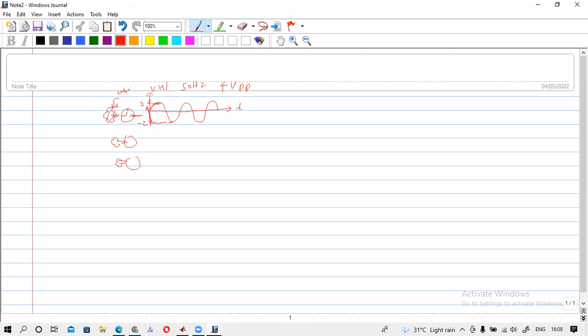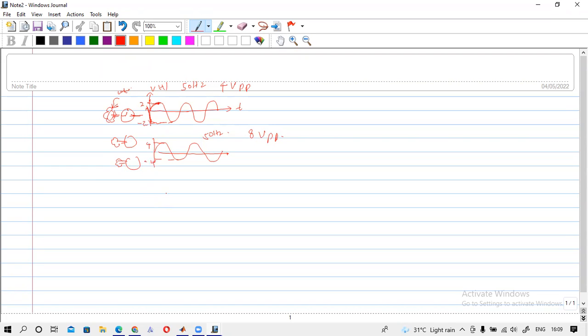So this is our first signal. The second signal also generates a 50 hertz signal, and its peak to peak is 8 volt, that means this peak will be 4 and the other peak will be -4.